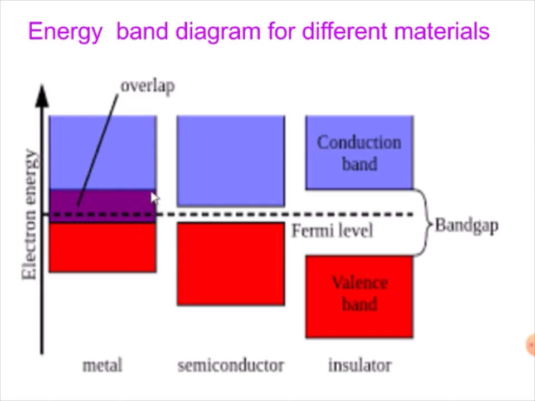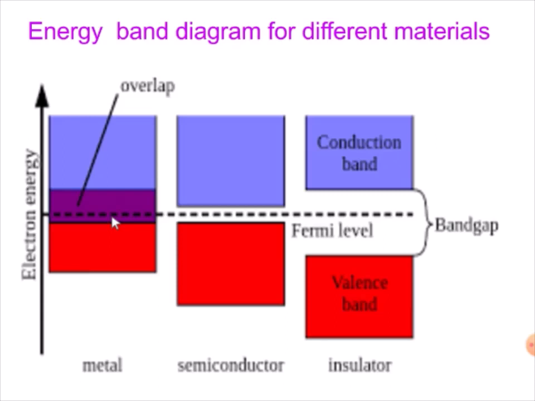So what happens in the case of a metal or conductor? Either we can say the valence band is overlapping with the conduction band. From here to here is the conduction band, from here to here is your valence band. So the Fermi level is there just above this conduction band.